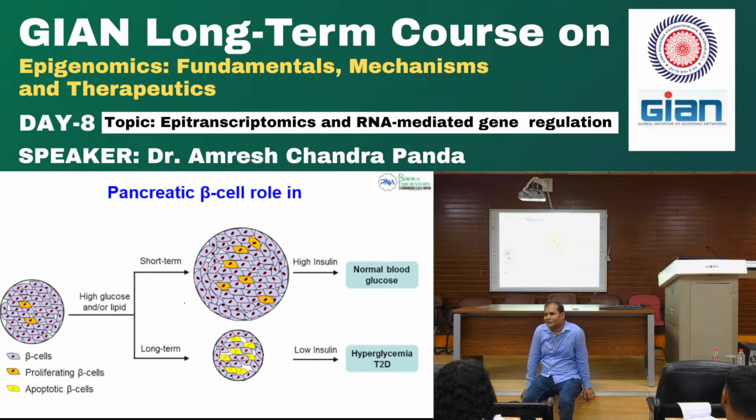Like earlier diabetes was not so common, why is it happening now? Lifestyle. It's not that over 20-30 years we have accumulated many mutations. No, it doesn't happen like that. It is because of the lifestyle.